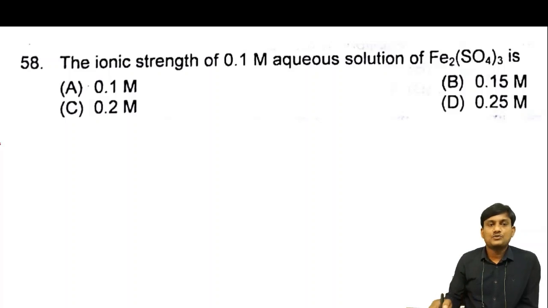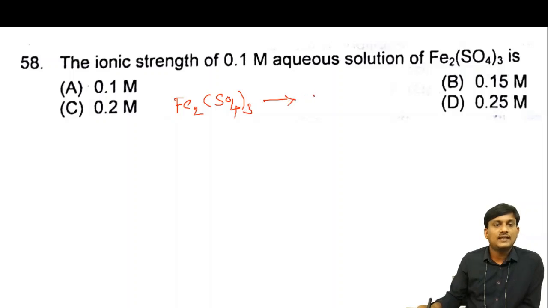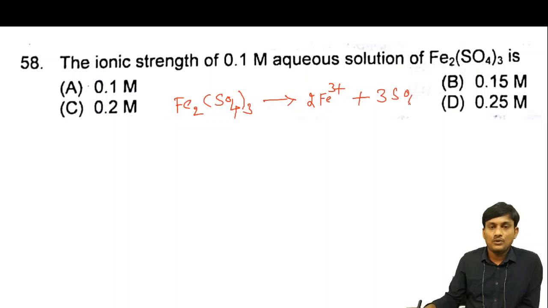The ionic strength of 0.1 molar aqueous solution of Fe2(SO4)3 is? Here what is the electrolyte? Fe2(SO4)3. For this electrolyte, what is the ionic strength? This one dissociates into 2Fe3+ and 3SO4 2-. What is the concentration of this electrolyte? It's 0.1 molarity.